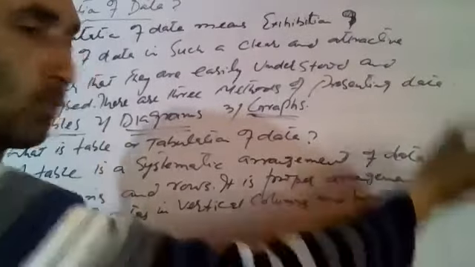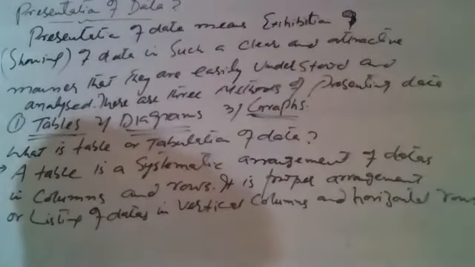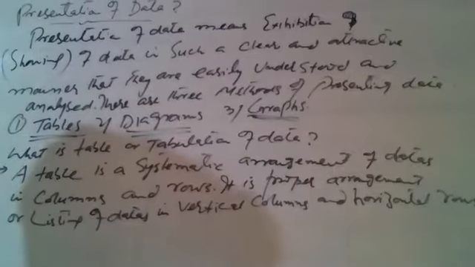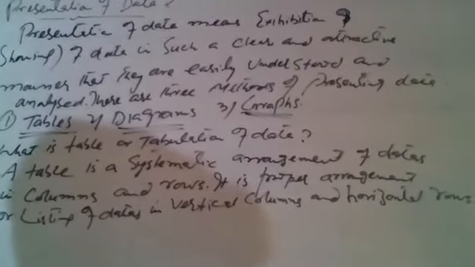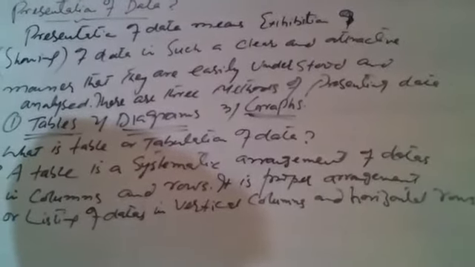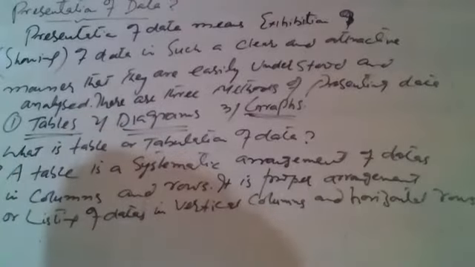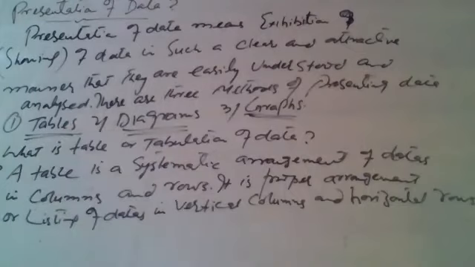So when we give proper arrangement to the data in columns and rows, that is called tabulation of data.